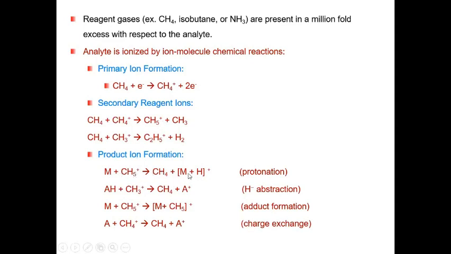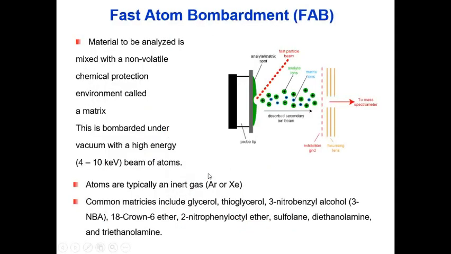The neutral molecule is ionized in the sense that it abstracts one proton from the ionized gas, and we get protonated molecules. These protonated or ionized molecules pass through the analyzer and detector. Then we can get the peak of this molecular ion.